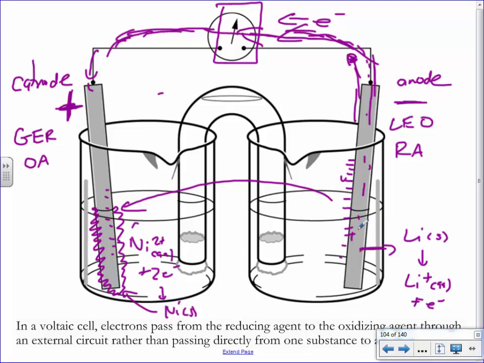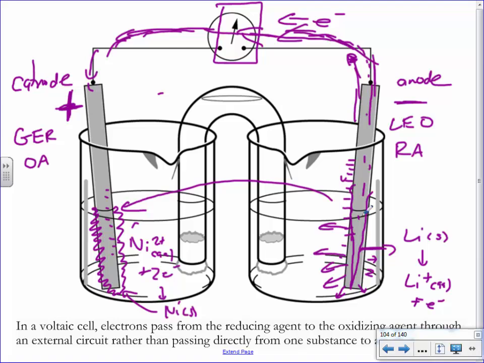And what you'll actually see on this electrode right here is that as the lithium solid decomposes in a way, you're actually going to see it waste away and corrode, and it'll eventually have pieces fall off of it. You guys have seen me put magnesium in hydrochloric acid before, right? That's essentially what's happening here: the magnesium is dissolving and turning into magnesium ions.